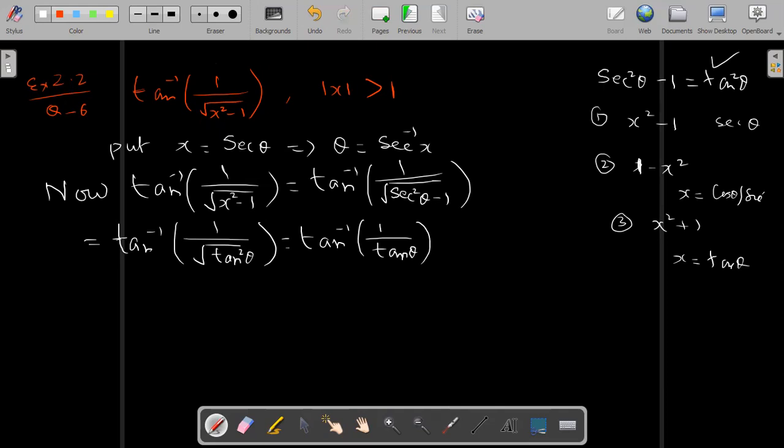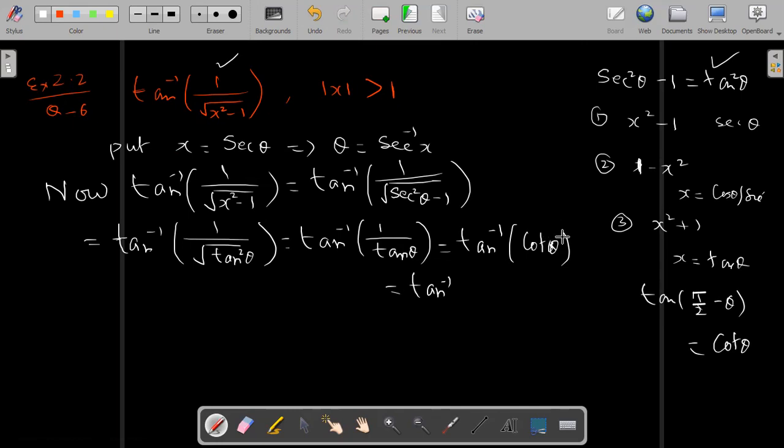And if we are getting cot theta, we can convert it by 90 minus theta, since tan 90 minus theta is equal to cot theta. So if we are getting cot, we can easily convert by that formula. Cot theta can be written as tan 90 minus theta, so it will convert into tan theta.